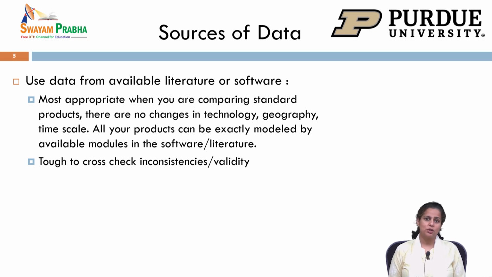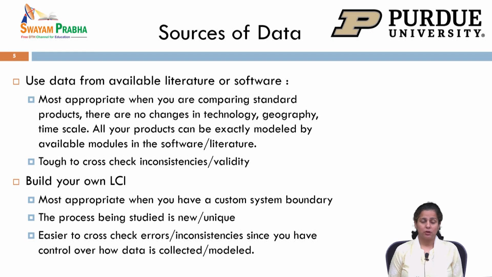A lot of the time, when you are doing LCA for already existing processes or well established products in the market, we look into the software or literature. But a lot of times we need to build our own LCI, and it is most appropriate when we have a custom system boundary where the process being studied is new or unique.